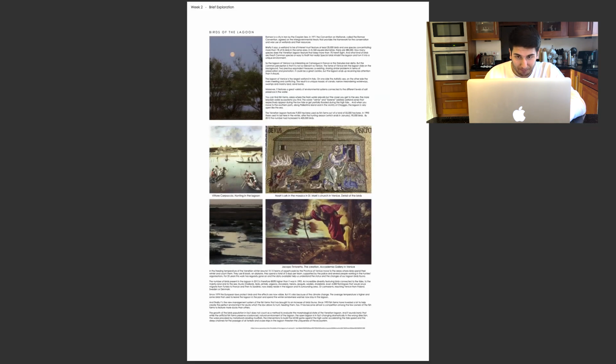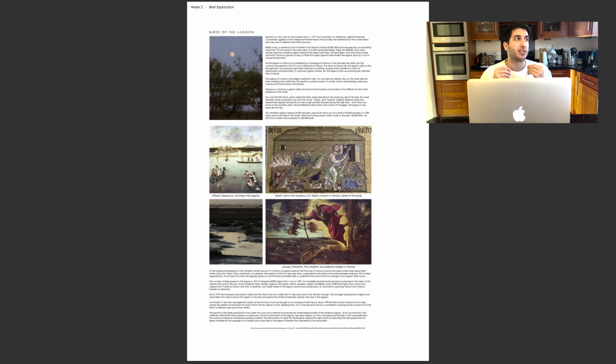Birds of the Lagoon, the aquaculture, and what are the species, what's the environment within the water, because there's one half of the equation, if you like, that's on land, working on the land, creating this building.